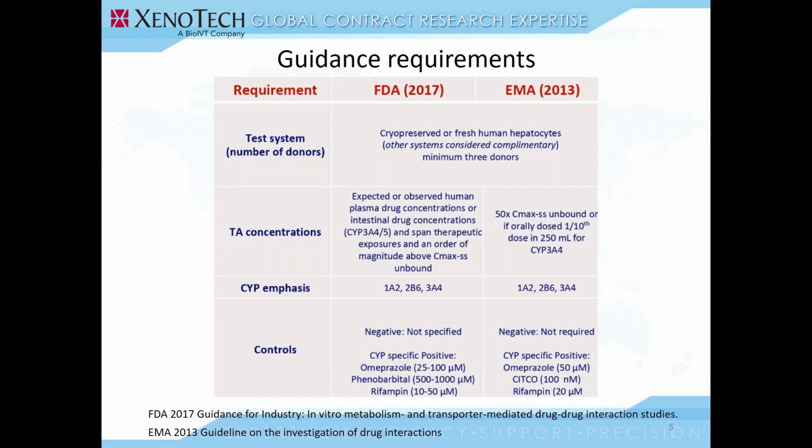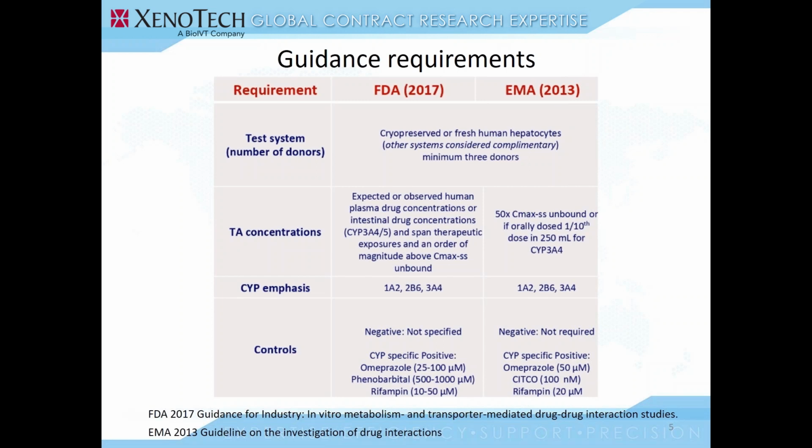There is a slight difference in TA concentrations, so test article or drug concentrations that need evaluation. The intent of both guidances is to look at safety factors and to allow safety factors for those changes in people. But what we will see is that the FDA is really looking for about a 10x Cmax unbound steady state to be covered, or intestinal drug concentration.